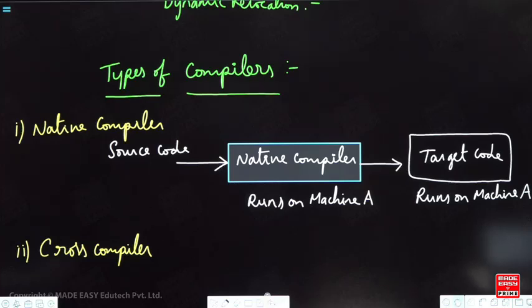It is a compiler which is used to convert a source code into a target code for the same machine on which it runs.